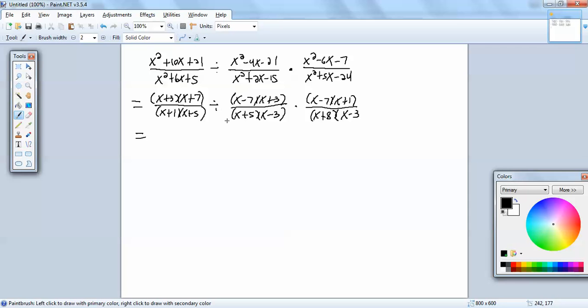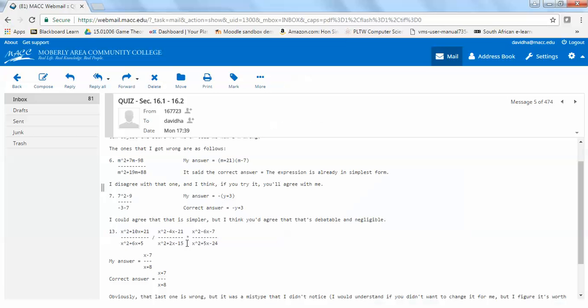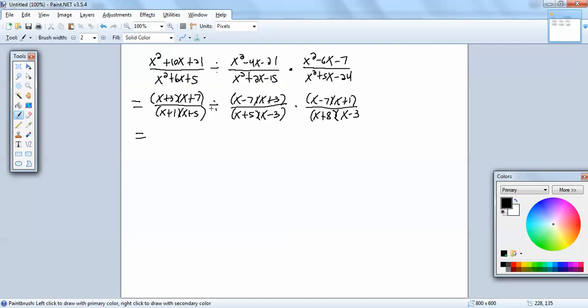Now, assuming that there was nothing else in this problem, no parentheses or anything, then we just want to get rid of the division. And you rewrite it as multiplication by flipping the fraction, taking the reciprocal of it. Top goes to the bottom, bottom goes to the top.